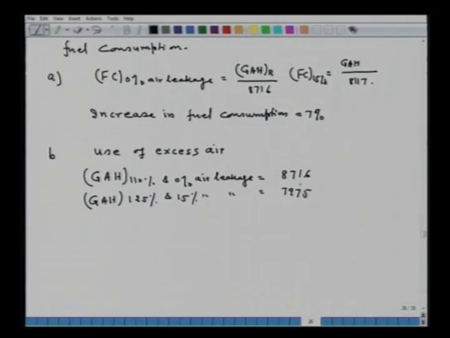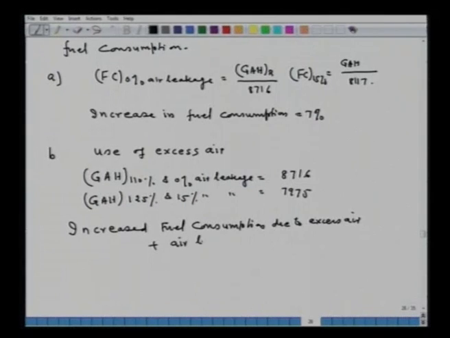So, if we calculate the increased fuel consumption, due to excess air plus air leakage, that is equal to 9%.